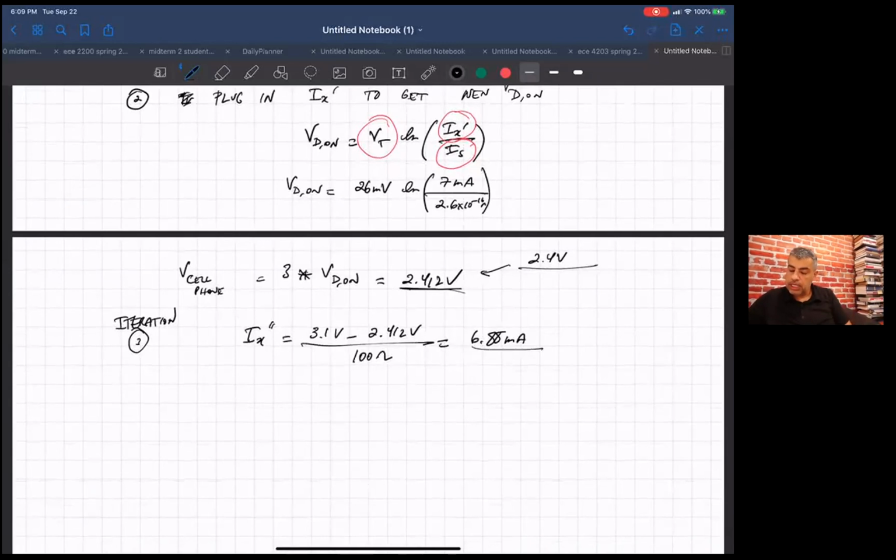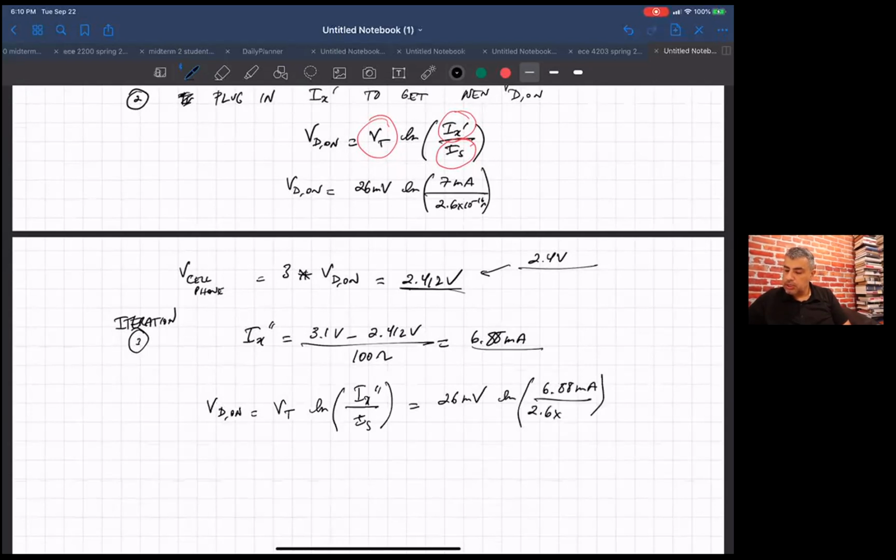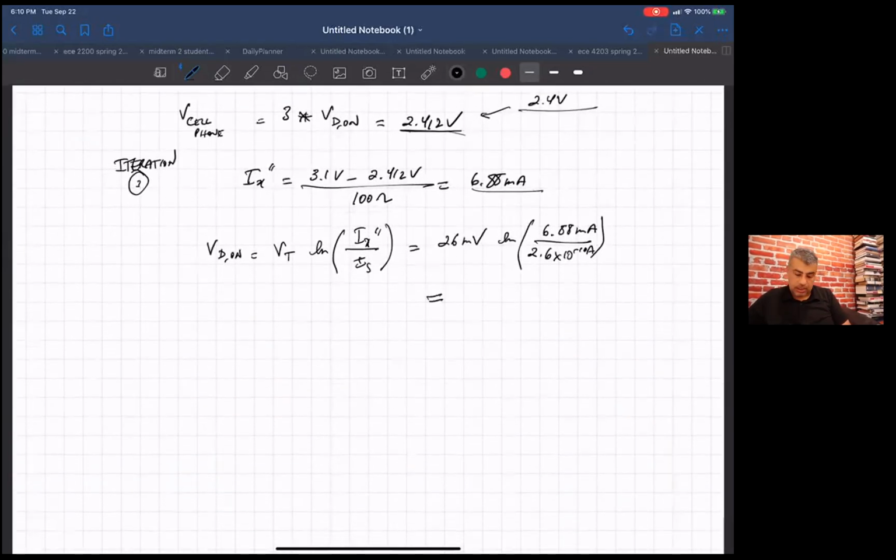Then we plug that in again for V sub D on, Ix prime over I sub s, which is 26 millivolts natural log of 6.88 milliamps over 2.6 times 10 to the minus 16 amps. That is equal to 2.411 volts.